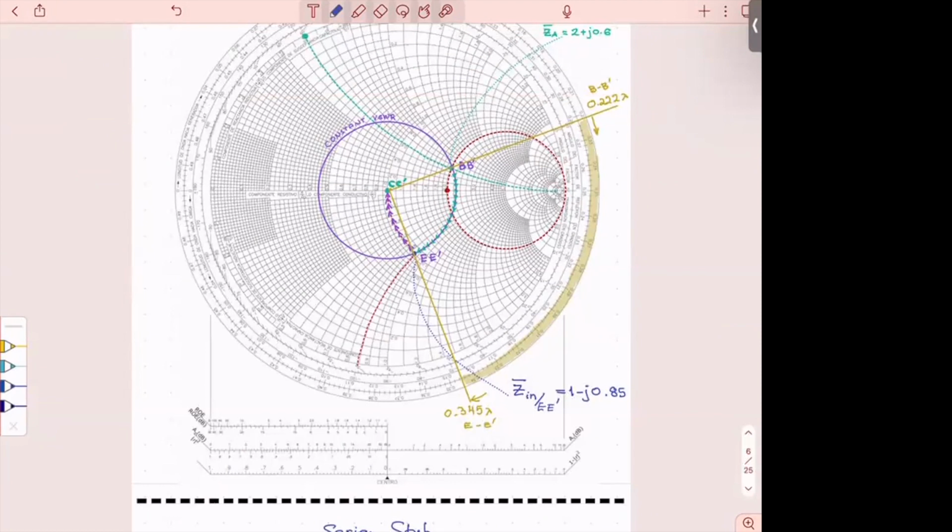I know that I am on this circle because I stopped. That gives me normalized real part 1. So I know that is 1, as you can see here. And then I draw the circle that is going to give me the reactive part. And that circle intersects the inner loop of the Smith chart below, in the lower half space, and therefore it's negative, and has a value of 0.9.